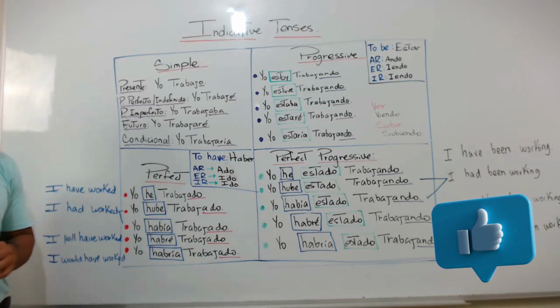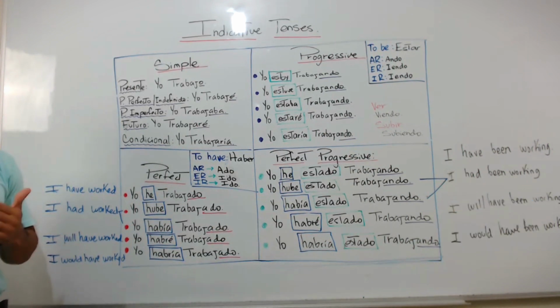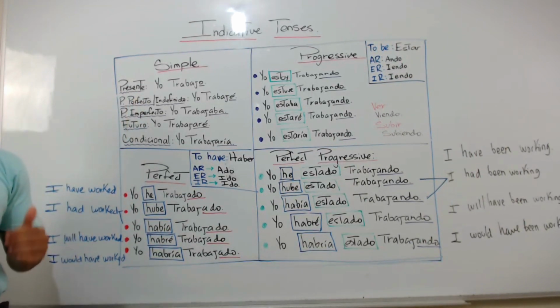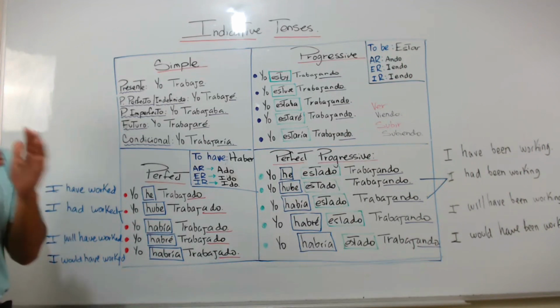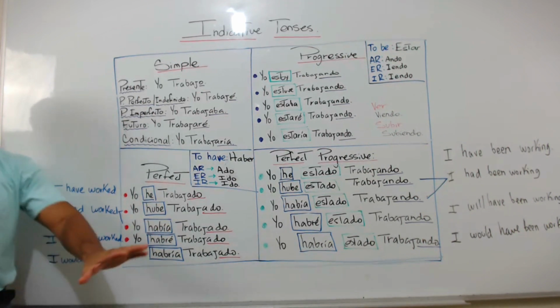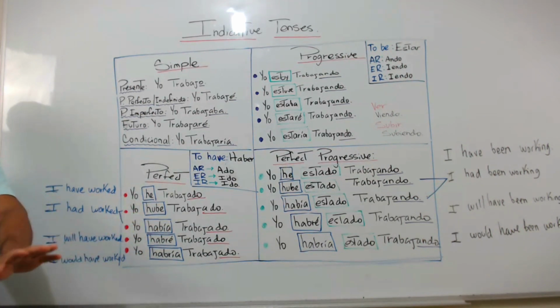For example, if I don't know any English and I try to say I work, and I am working, and I have worked, and I have been working, but that's the only thing that I know, but I do not know how to place them within the conversation, I'm limited and I'm going to struggle, because it's either I work or I am working.